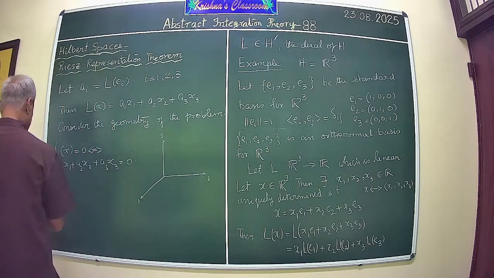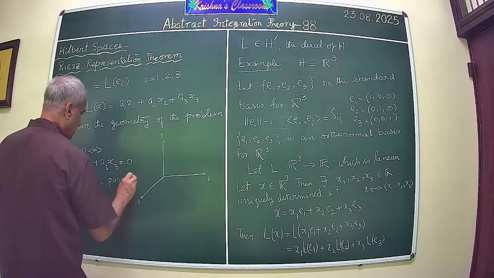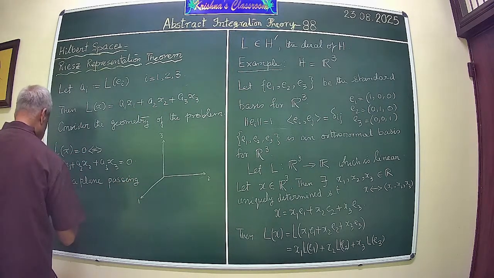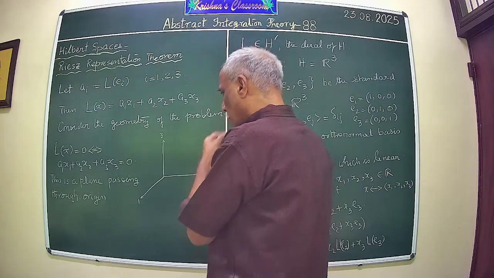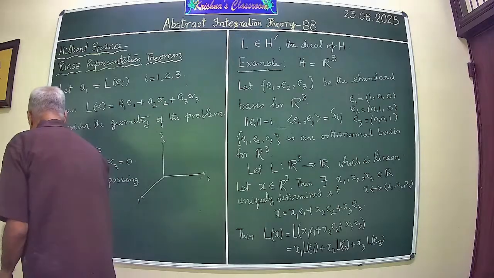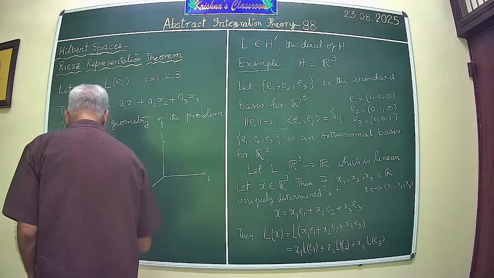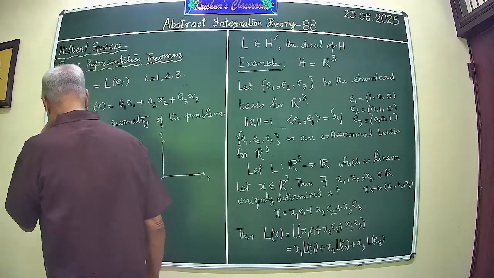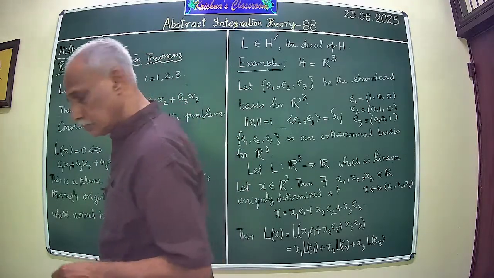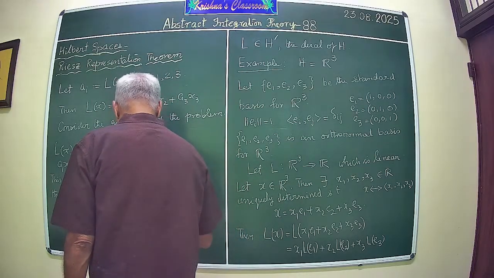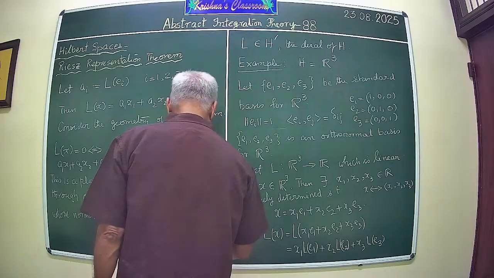And this is a plane passing through origin, whose normal is given by A1, A2, A3. So let us designate this by vector A.